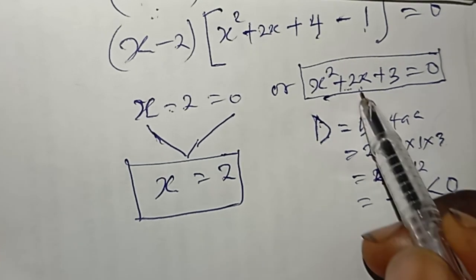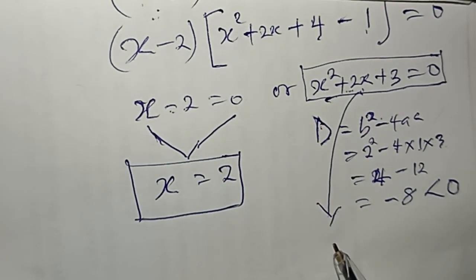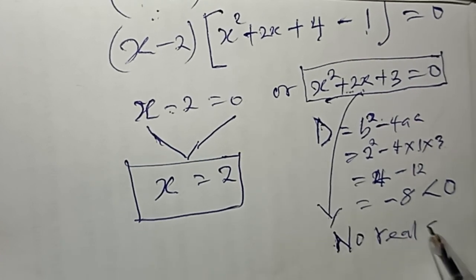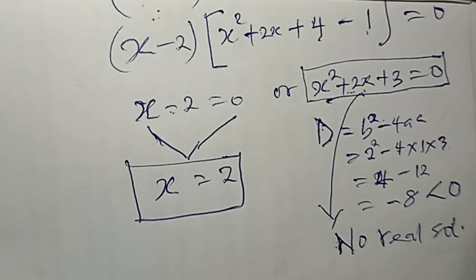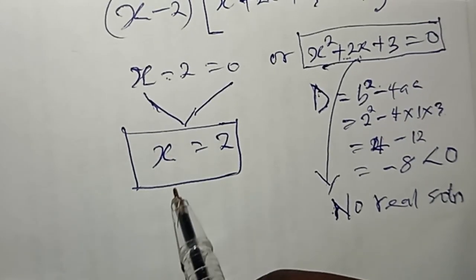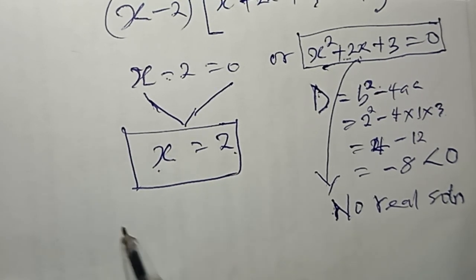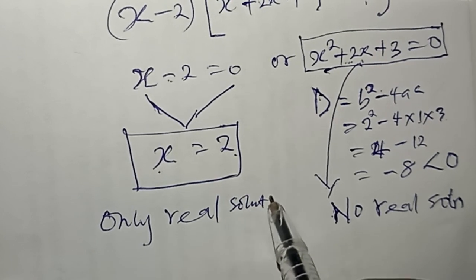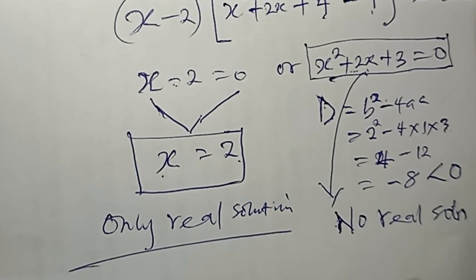So this one does not have any real solution, so no real solution. Okay, so which means that we can see that x equal to 2 is the only real solution of this equation we are solving right here.